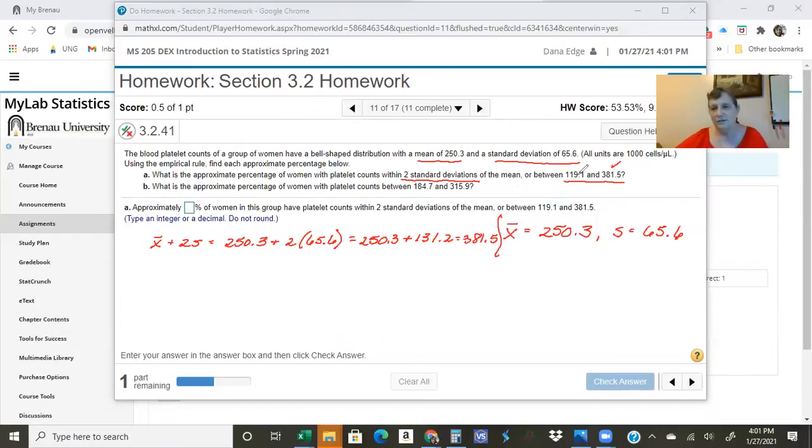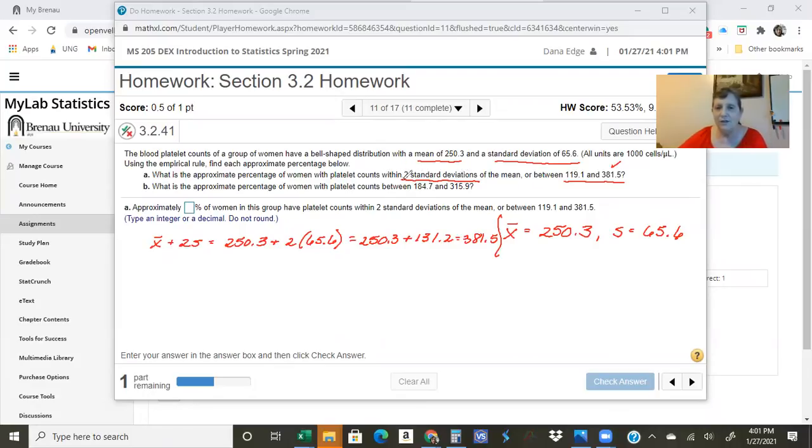So I'm going to trust that this is also 2 standard deviations below the mean. In other words, this would be 250.3 minus 131.2, 2 standard deviations. So we don't have to do any real calculating.